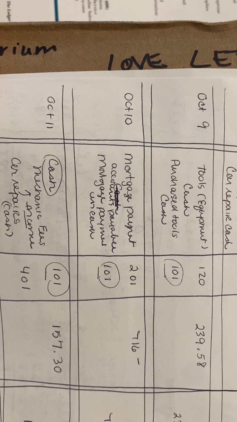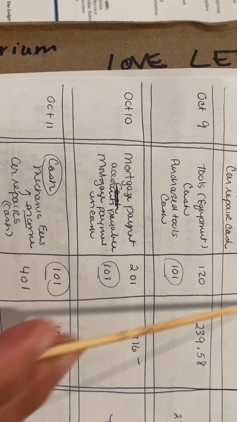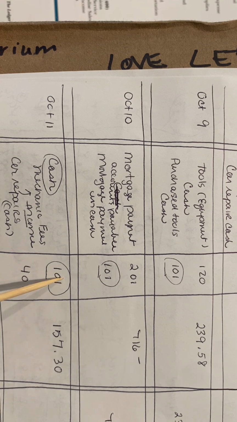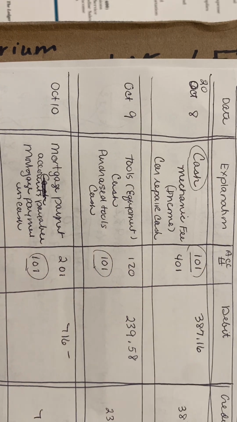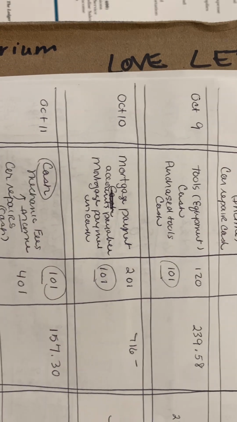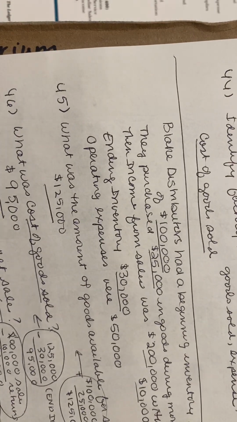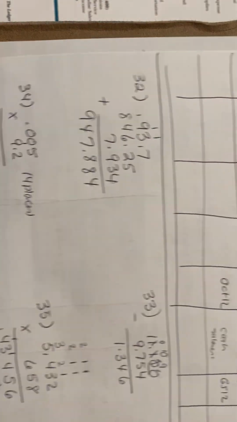This one's 101, that's an asset. 1, 2, 3, 4, 5. So we have five to record on this one. They're all in 101. They're all going to be on 101 of your ledger. The other ones you don't worry about because you put them on a different ledger, right? So that's what we're doing. We're going to put those on there.